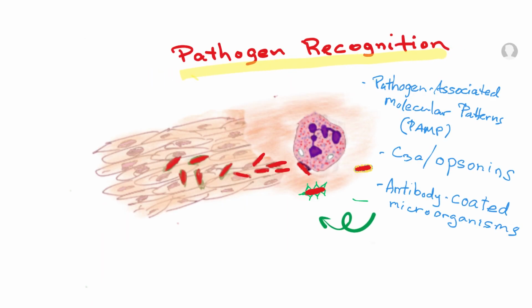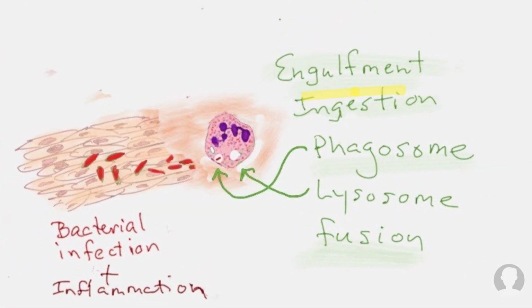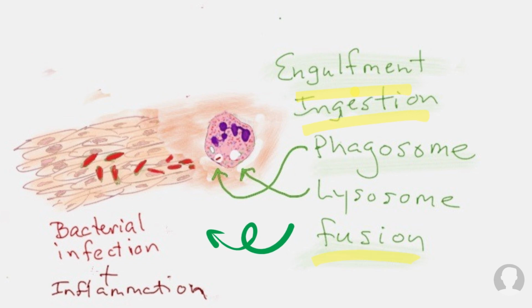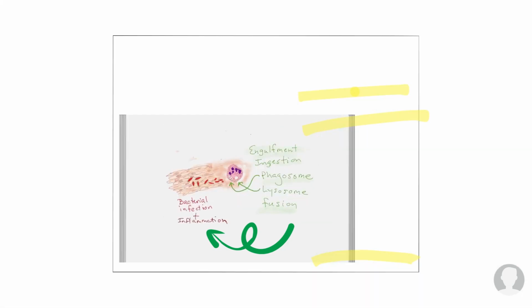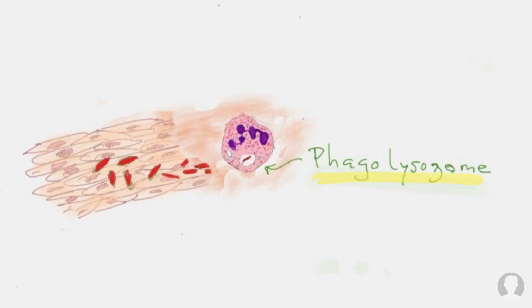Pathogen recognition involves pathogen associated molecular patterns. And also, the polys will recognize opsonins. And also, antibody coated microorganisms are also recognized by the neutrophils. The bacteria is engulfed, ingested in a phagosome. A lysosome comes along and fuses, forming a phagolysosome.